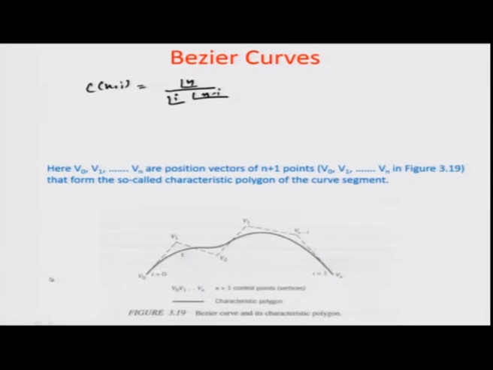So, that is how we will define the Bernstein polynomial, and the Bezier equation V(t) equals sigma from 0 to n of C(n, i) t to the power i times (1 minus t) to the power of n minus i times V_i.